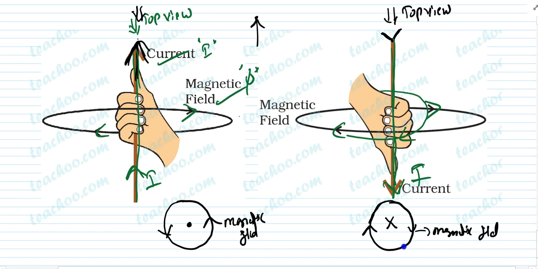With respect to the board, the current going inside the board gives a clockwise magnetic field. Here the current coming outwards from the board gives an anti-clockwise magnetic field. So you have to understand the symbol of this one and the symbol of this one.